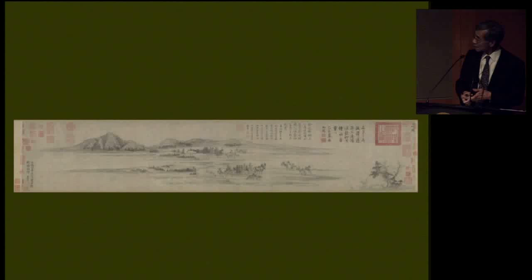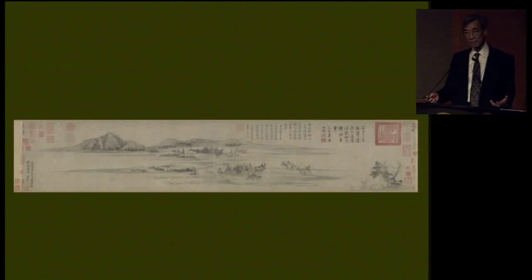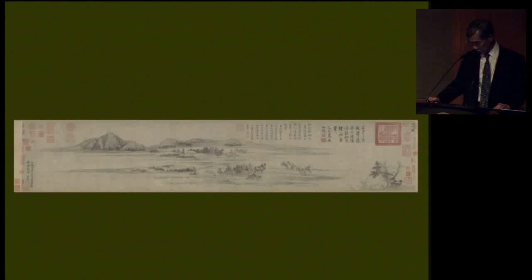And in the meantime, Chinese painting as an art form has gone through a major change, which is exemplified by this painting by Zhao Mengfu, by far the most influential painter and artist in the Yuan period. And this is the kind of painting which would set the model or the standard for subsequent ages.